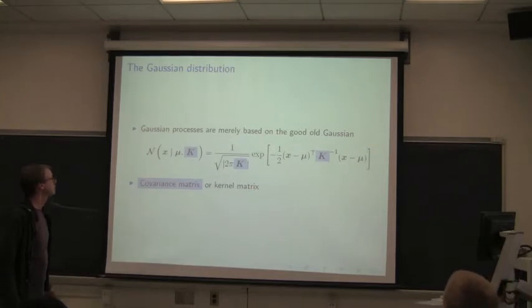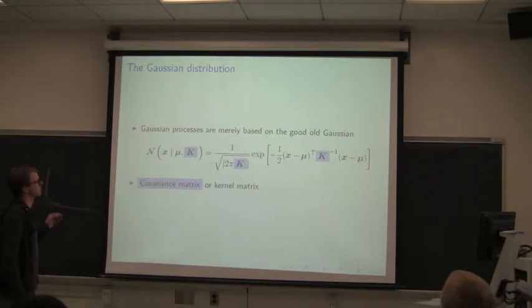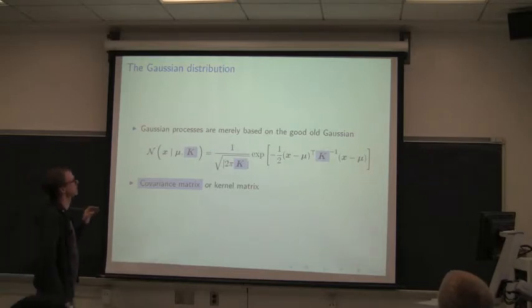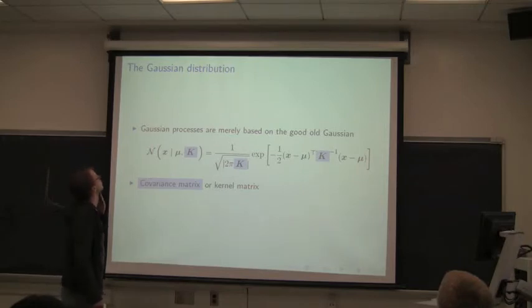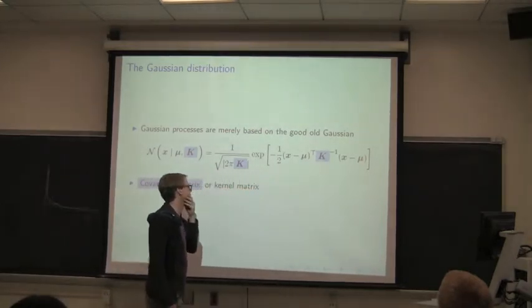Okay, so how do we do predictions? We'll come to that in a bit. But one central thing about Gaussian processes is you basically have a Gaussian distribution with this matrix K as a covariance matrix.